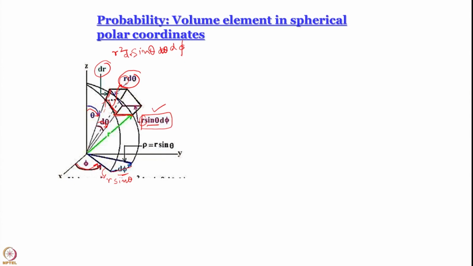What is this volume element for r equal to 0? For r equal to 0, r square multiplied by, we do not care what else is there, r equal to 0 means r square equal to 0. So, volume element for r equal to 0 is equal to 0. So, no matter how high psi square might be, since the volume is 0, the probability, which is a product of probability density and the volume, is equal to 0.